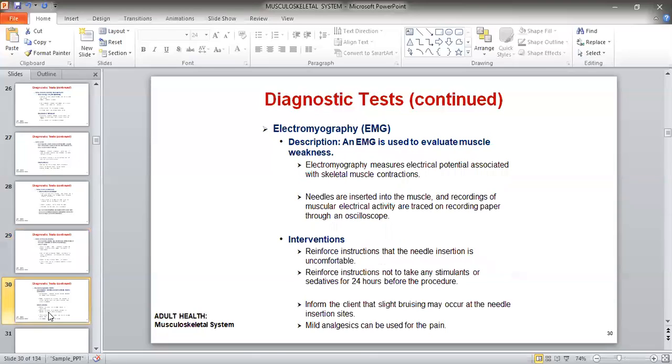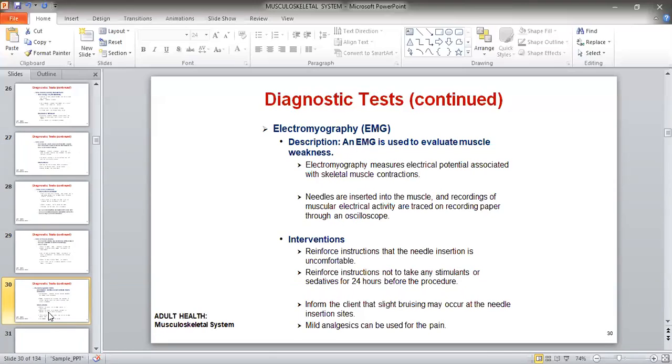So another diagnostic test is called EMG. EMG stands for electromyography, and EKG stands for electrocardiography for the heart. But EMG is for muscle and joint.